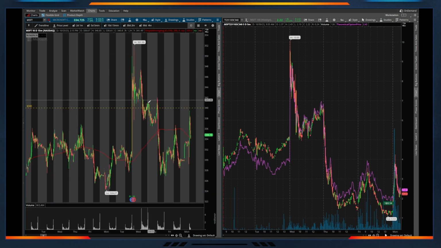So we're hoping Microsoft does essentially curl and make another higher high within the next few days, just like it did last week, kind of closing out with that really strong earnings announcement. So we've got some really nice fundamental news behind us. We've got a really nice technical chart.